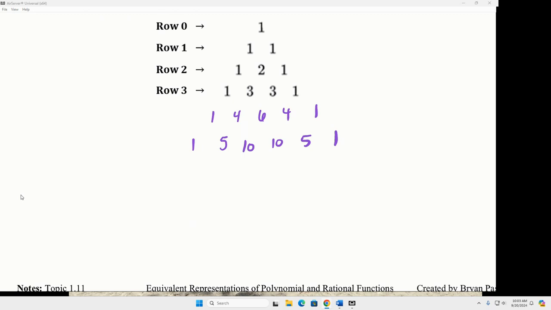So the outsides are always 1. How did I get this 5? What did I do? 1 and 4. You add those to get that one. And then to get 10, you add 4 and 6. And then same thing on this 10, it's 6 and 4. Does that make sense? All right, you guys do row 6 and 7.